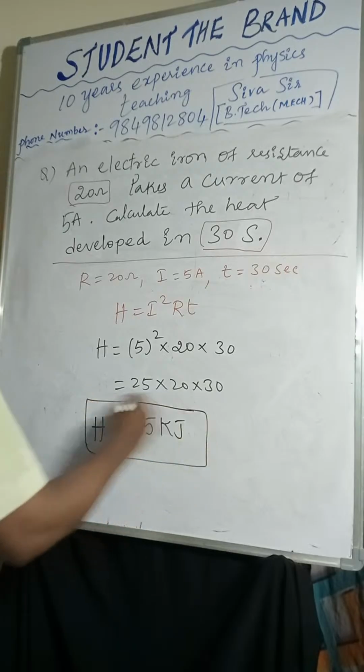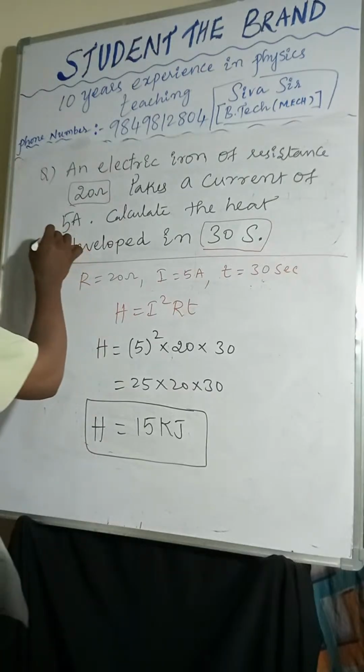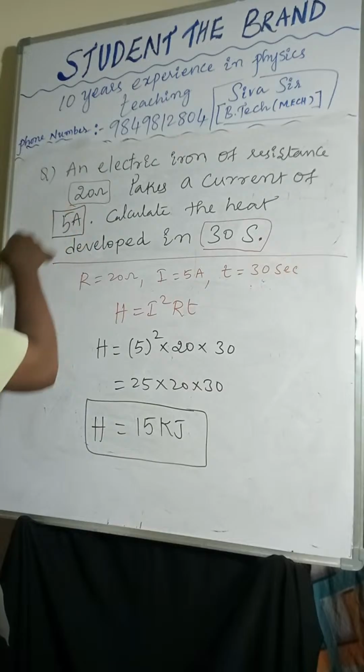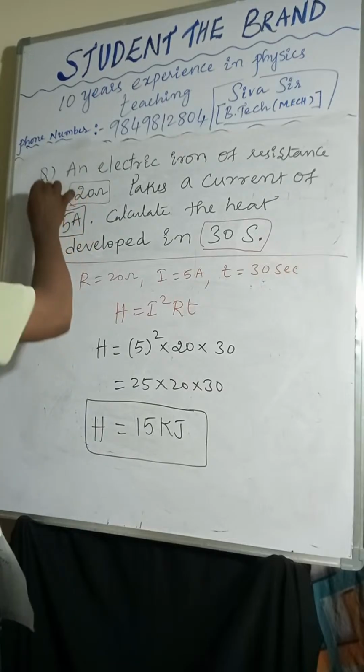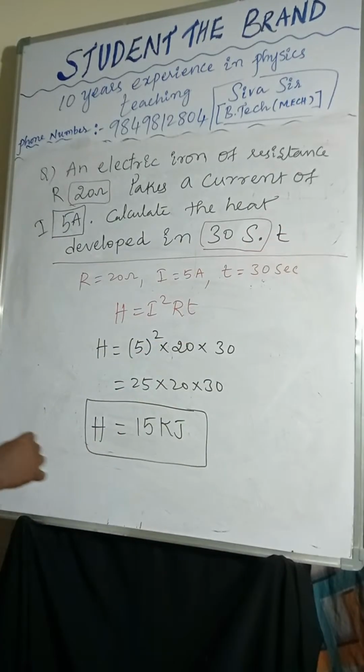This is the answer. Try to check it. Every time you read the question, you have to underline what exactly they have given: R, I and T.